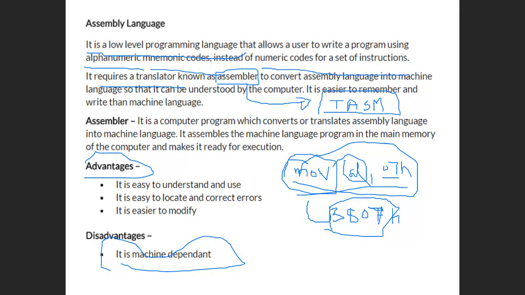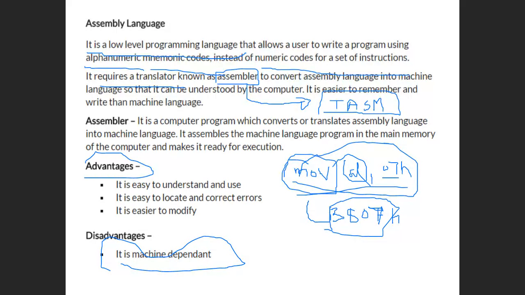The assembly language we can use for a recent microprocessor or microcontroller is similar, a little bit, but not fully the same. You can understand what it means, but they are not fully the same. So that means it is kind of machine dependent.